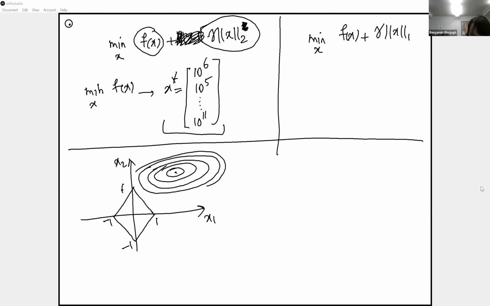Of course, the minimizer of f is here, but it's very large. It's a huge x1 and x2. You say, no, I want to minimize f subject to being in the unit ball, or having a small L1 norm. Then you will see that you will probably touch one of the corners of this diamond.